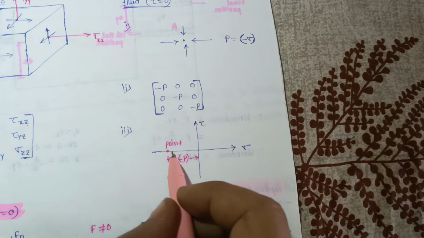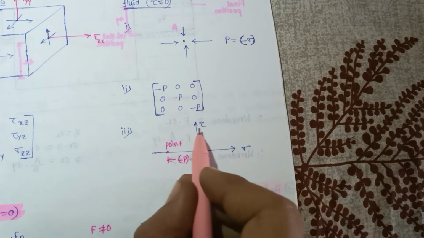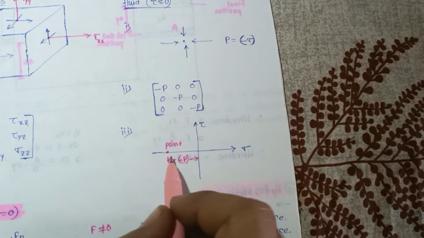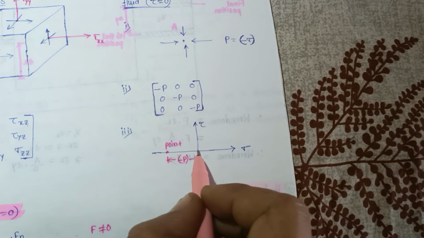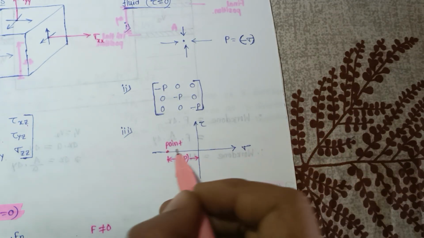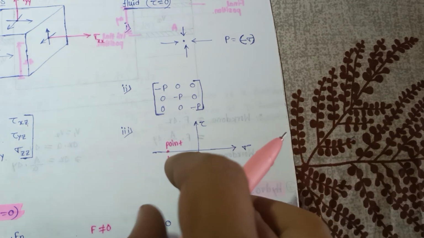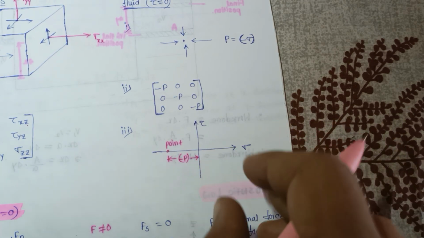For the Mohr circle there is normal stress and shear stress, and for a static fluid the state of stress is a point. So here this is minus p. This is the Mohr circle diagram of the static fluid.